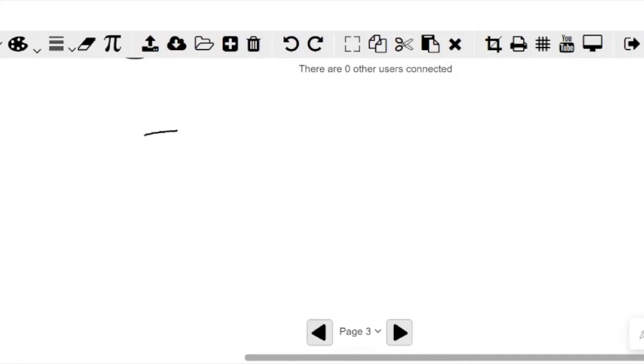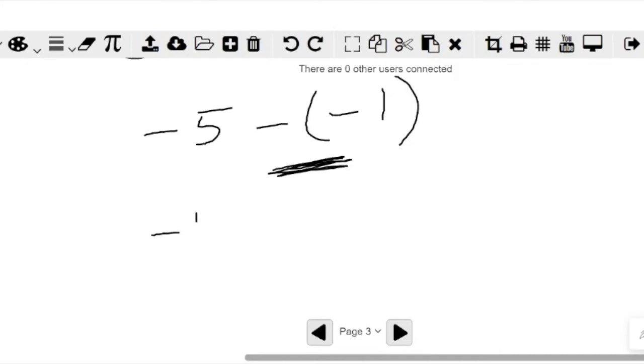So let's do another one. We have -5 minus -1. Here the first step is to change this middle one into one sign. We know a negative and a negative makes a positive. So we would write out -5 plus 1. Now this all makes sense to us, doesn't it?